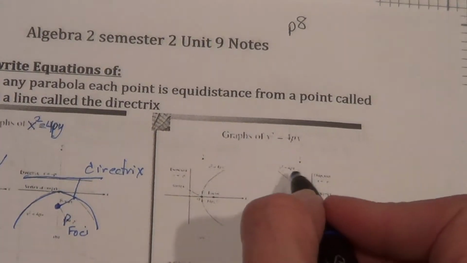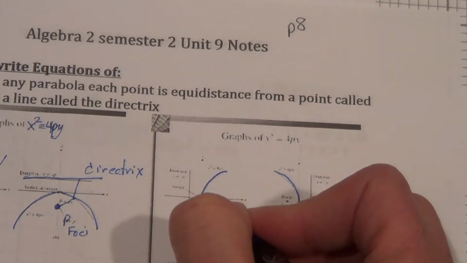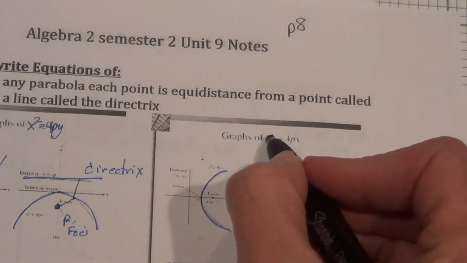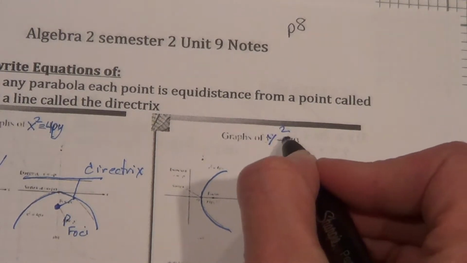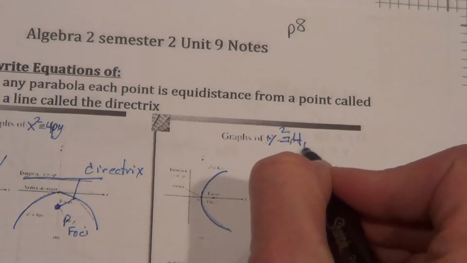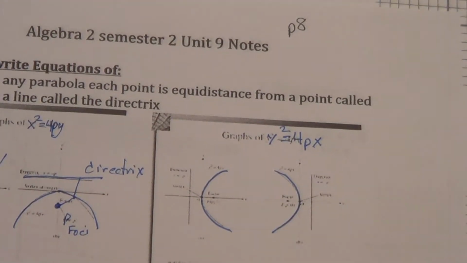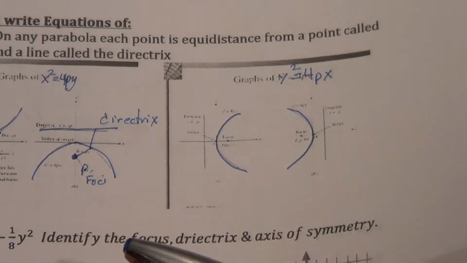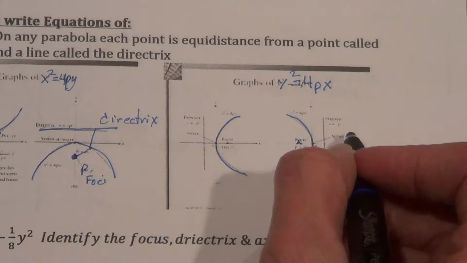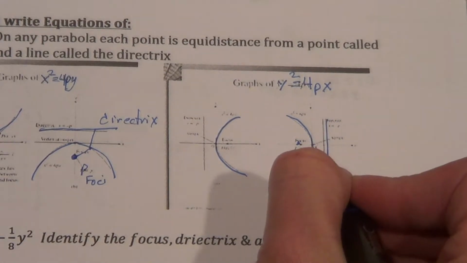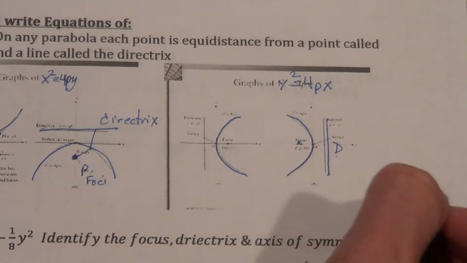So the same thing happens when the parabola is going side to side, but in this case the equation is y squared equals 4px. That one you have not seen, so I wanted you aware of that one. You still have the p for your focus and your directrix being the same distance back here behind it.